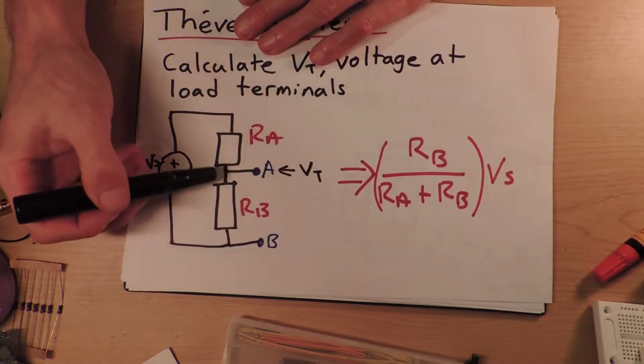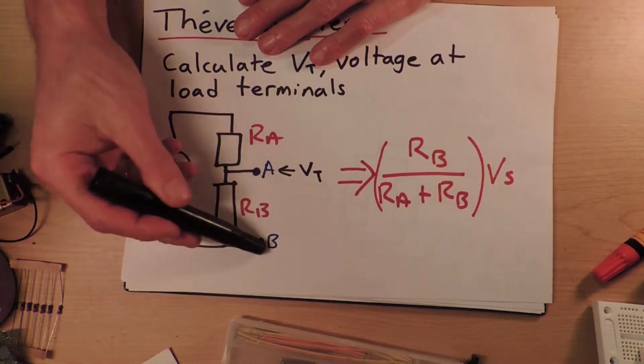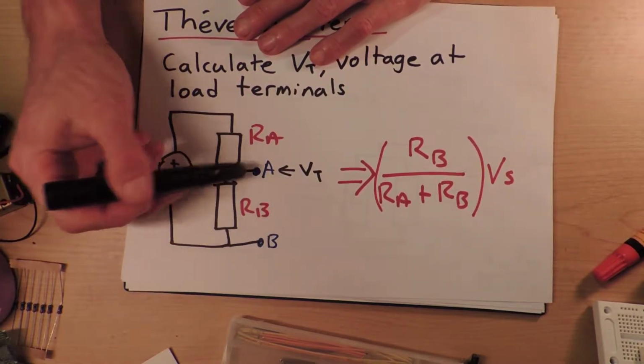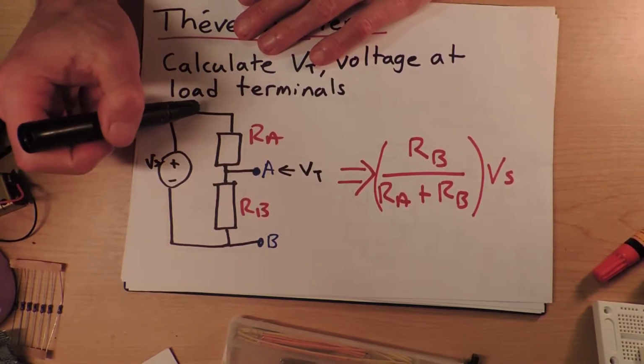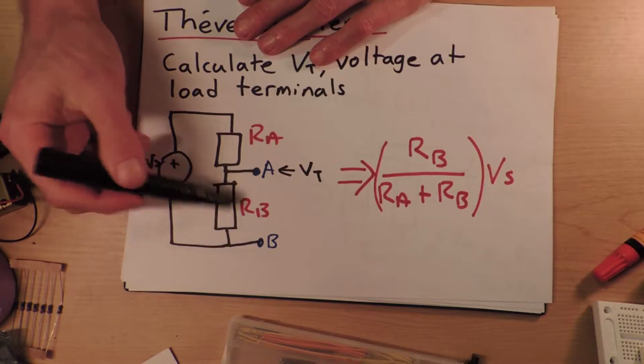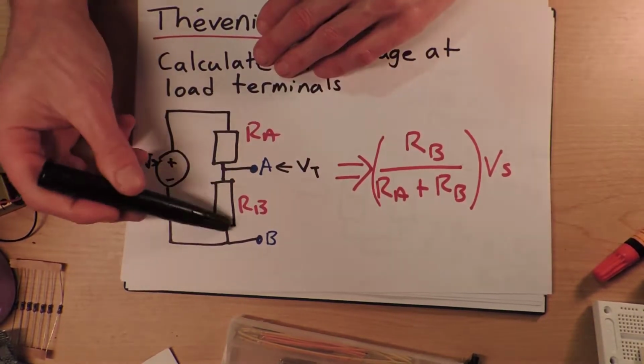But basically I want to work out what voltage I see between these two terminals given the circuit here. And that's not too hard, because this is basically a straight voltage divider.